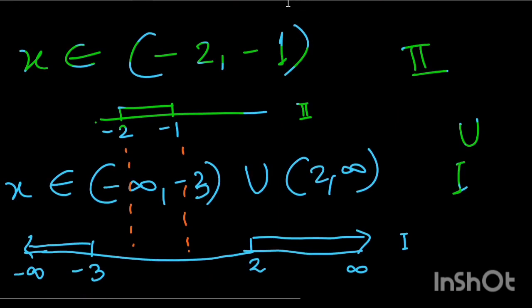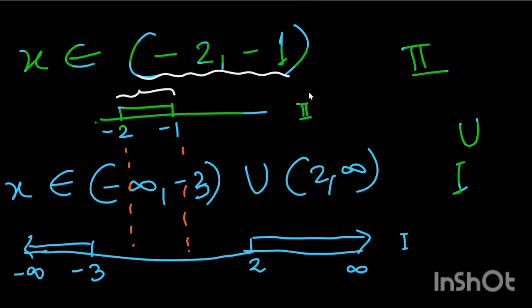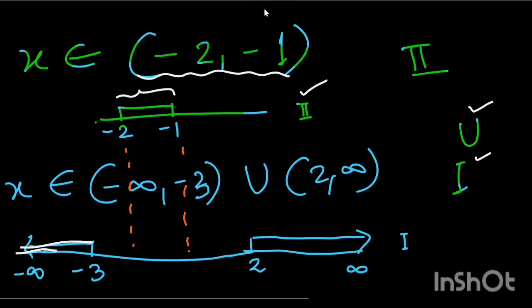The second case that we obtained was minus 2 to minus 1, that we have plotted here. Then we will take union with the first. The first case was minus infinity to minus 3 union 2 to infinity, guys.